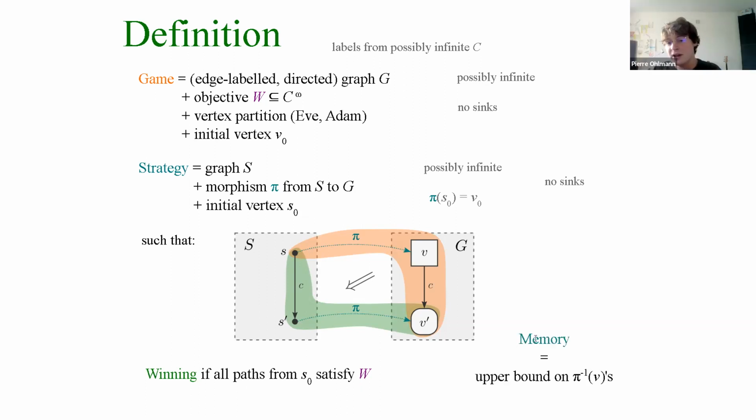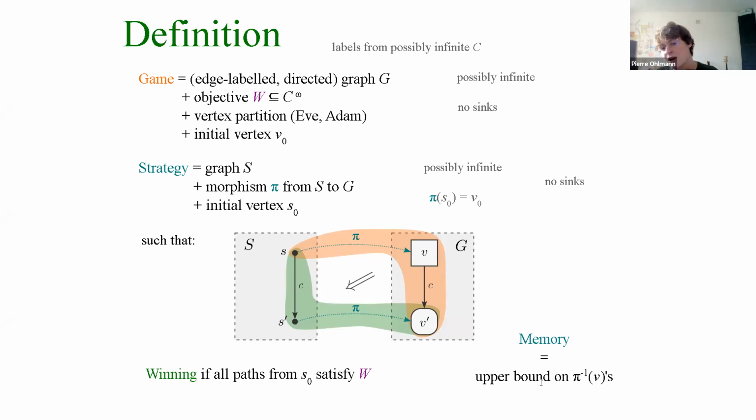And now the memory of a strategy, let's say it's an upper bound on the cardinalities of the preimages of the morphism, right? So for each vertex, we have a number of strategy states that correspond to it, and the memory corresponds to how many we really need.